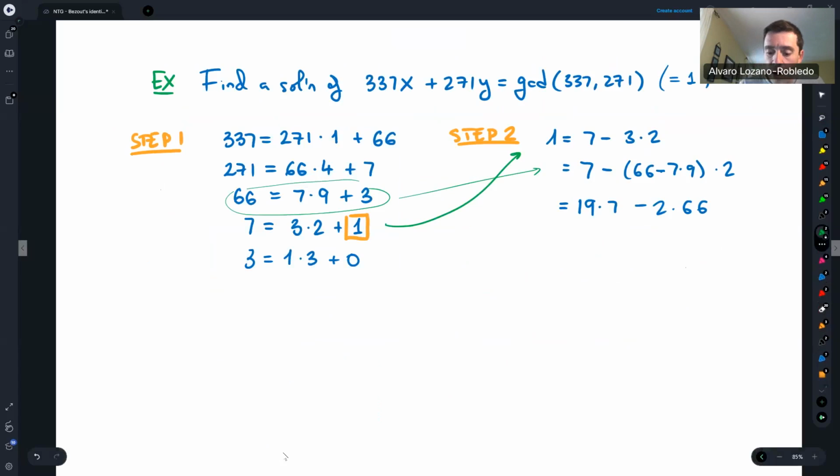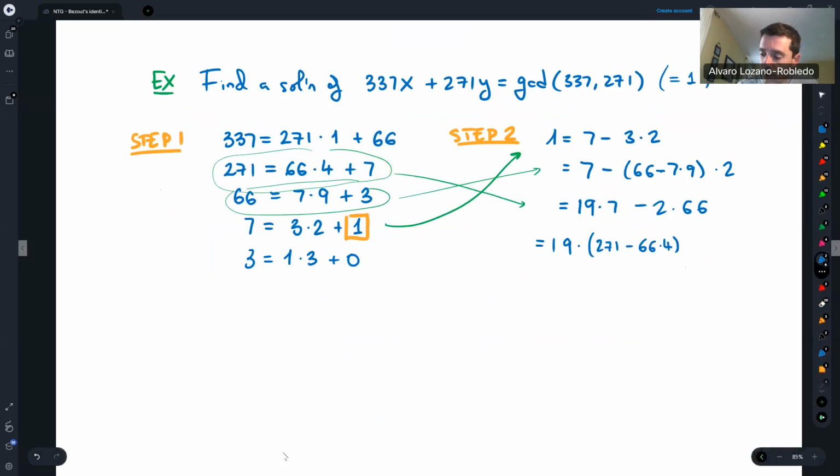Great. Now I take this equation over here, and I'm going to use the 7 and plug in 7. So this 7 here is going to be substituted for this 7 over here. So this is 19 times 271 minus 66 times 4 minus 2 times 66.